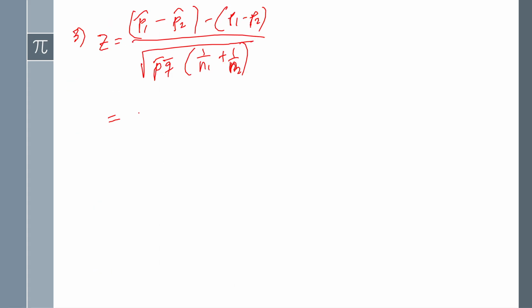So we have 0.07 minus 0.11, and the hypothesized difference would become 0 because there's no difference.